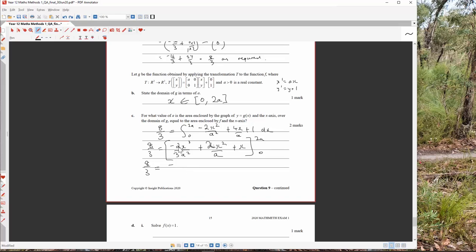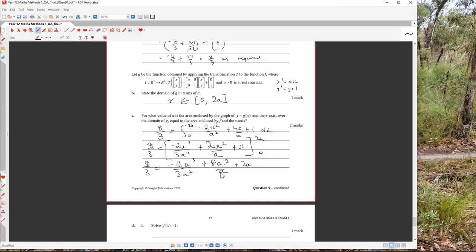So that's negative 2 multiplied by 2a all cubed, which is 8a cubed, so negative 16a cubed over 3a squared, plus 2 times 2a squared is 4a squared, that's 8a squared over a, plus 2a. 0 goes in and all of those will be 0.